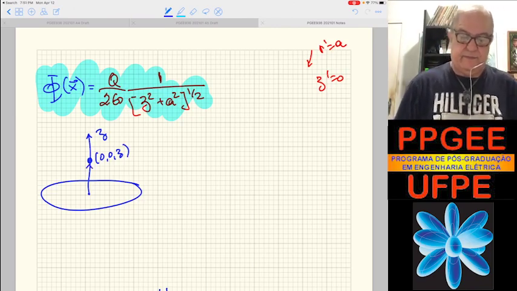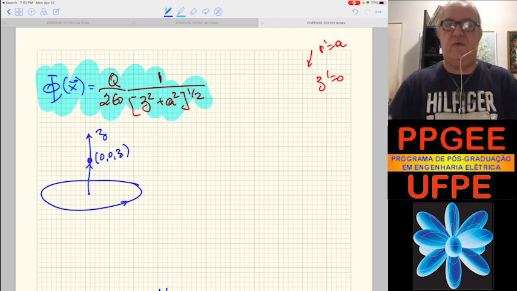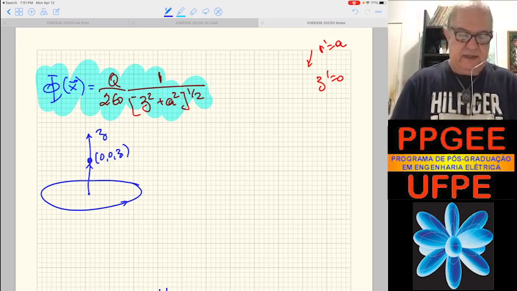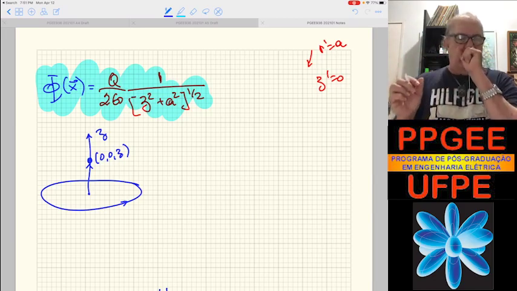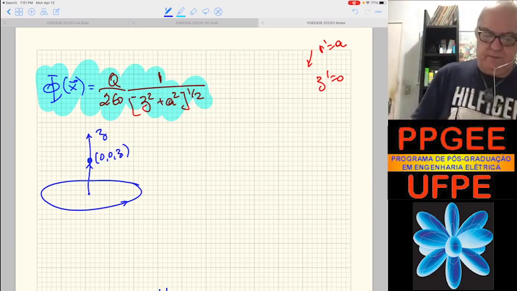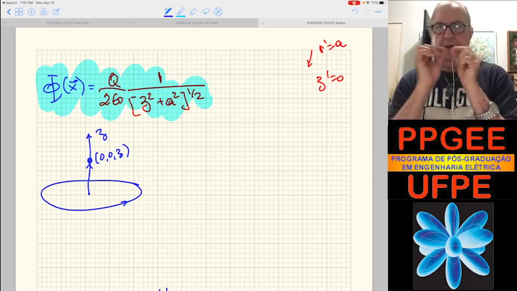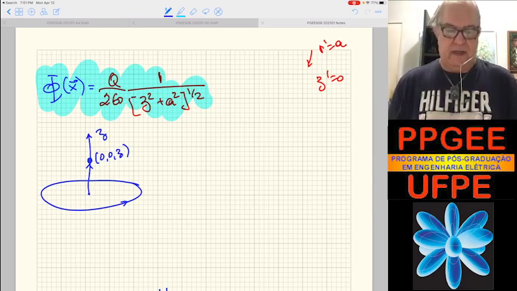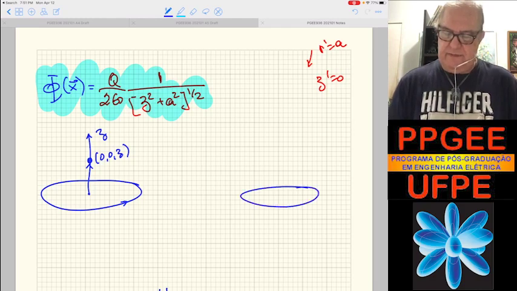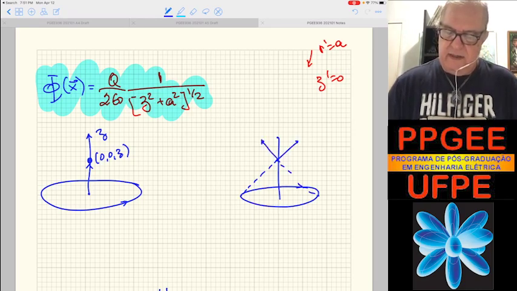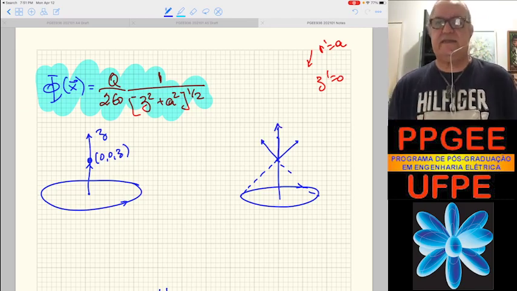So you see that all the charges have the same sign around the loop, so all of them produce a field which is radial, like this. And we know that by symmetry, the resulting field is going to be along the z-axis.